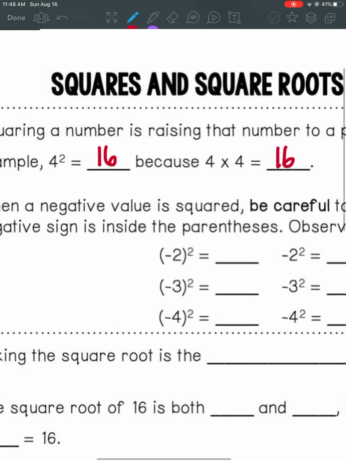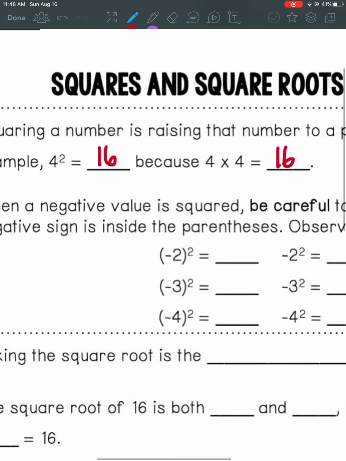Okay, now over here it's different because the exponent is touching the number. It's not touching the parentheses like over here. So over here we were taking what was in the parentheses and multiplying it by itself. Over here what's happening is we have the 2 exponent touching that 2. So that's 2 times 2, and then the negative is out front.